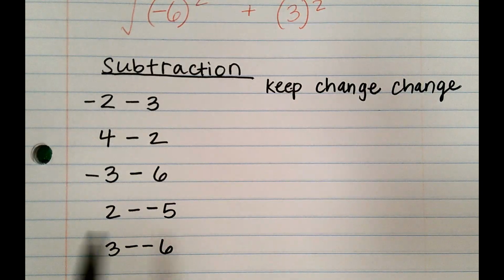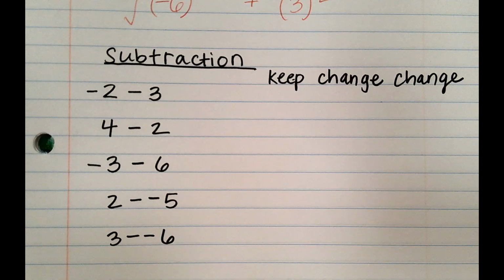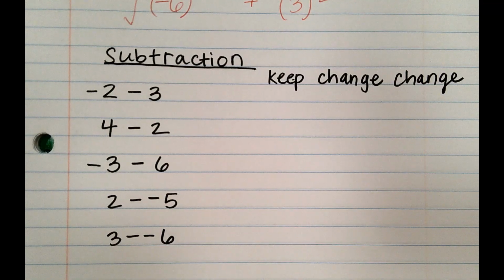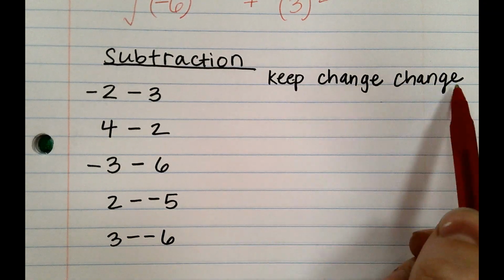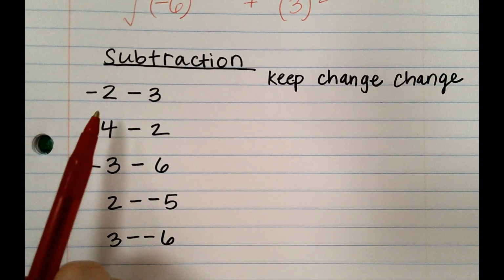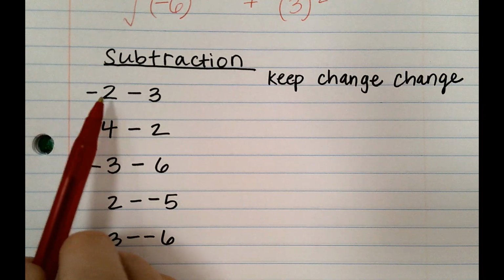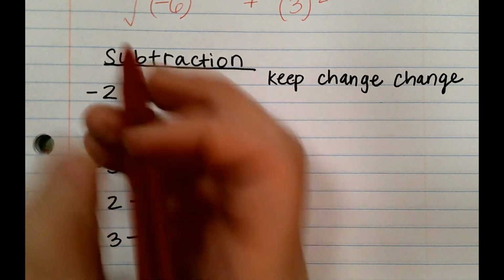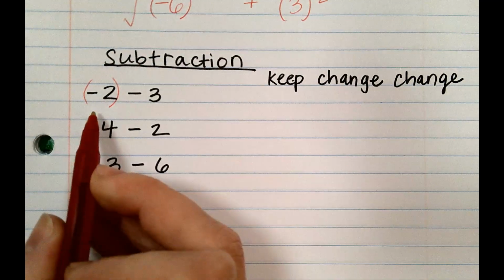And here's what that means. Anytime I'm subtracting, because subtraction is weird, we can turn it into addition using keep, change, change. Right here I have -2 minus 3. I'm going to keep my -2. There's my keep.